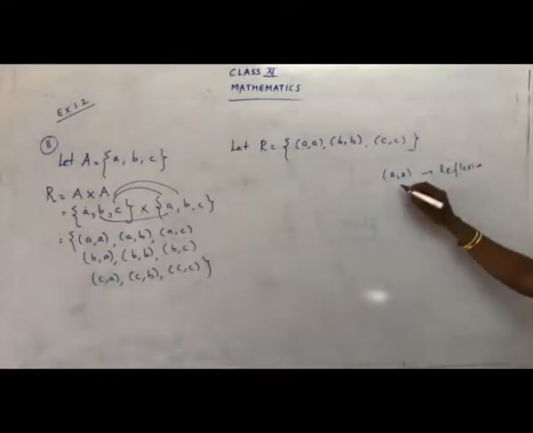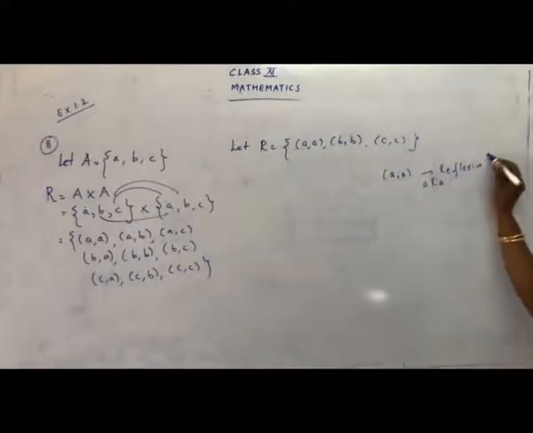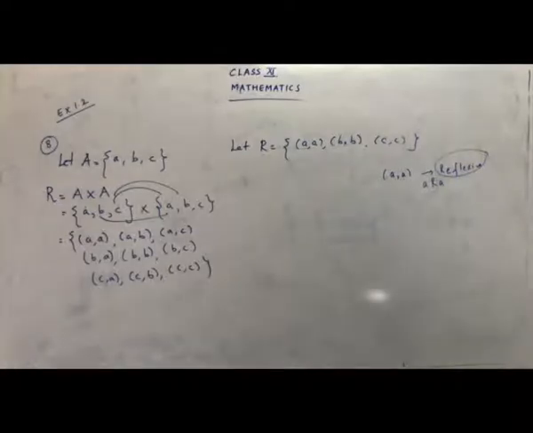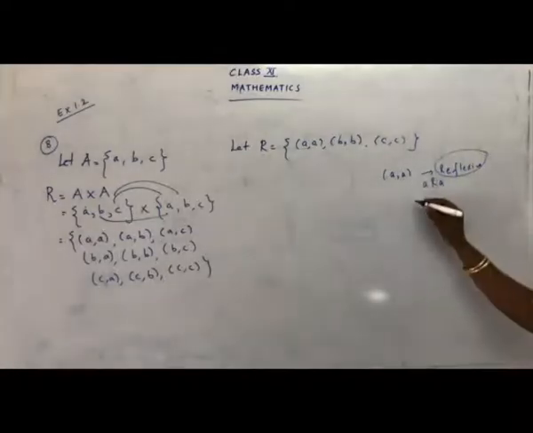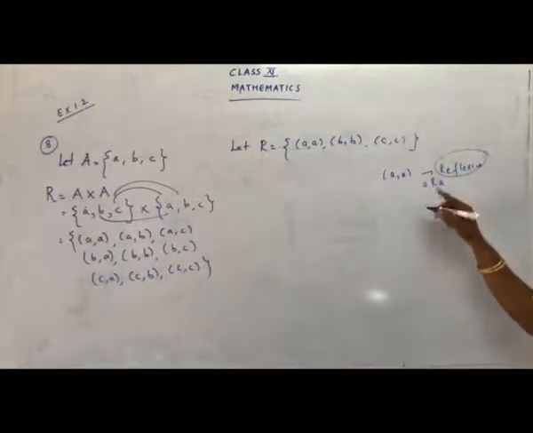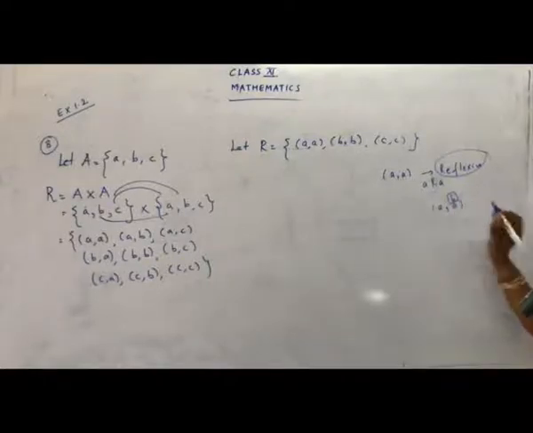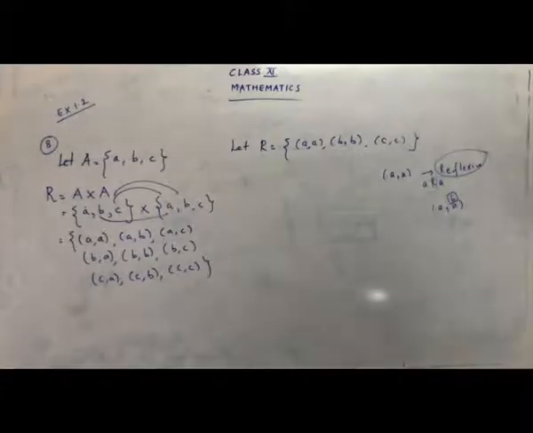(A, A) means A is related to A, so it is reflexive. Similarly, let's go for the next part. I'll not take the next pair (A, B). Instead of (A, B), I'll take (A, A). Here B is taken as A, because we have to find out the smallest.